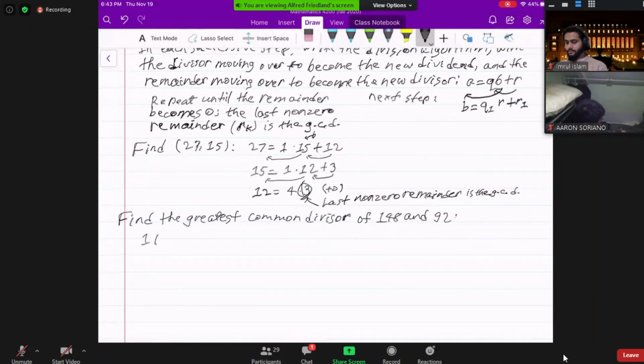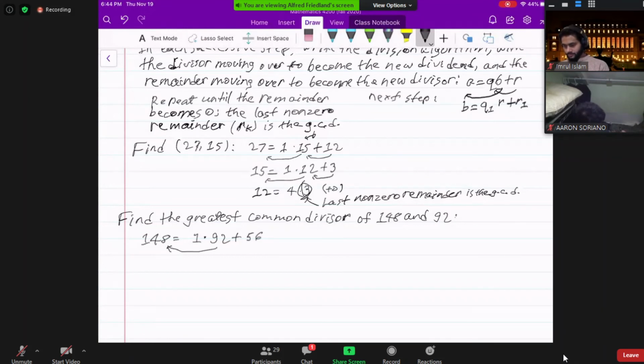So we have 148 equals something times 92 plus a remainder. 2 times 92 would be close to 200, so this has to be 1. So it's 1 times 92 plus, okay, to get up to 148 from 100 is 48 plus 8 more. So that's plus 56.